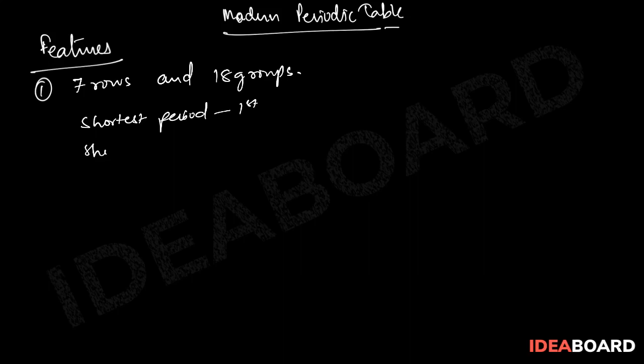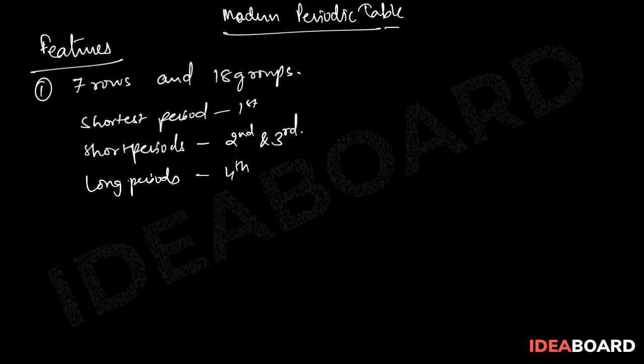Short periods are the second and third periods. Long periods are the fourth and fifth periods, and the longest period is the sixth one, and the incomplete period is the seventh period.